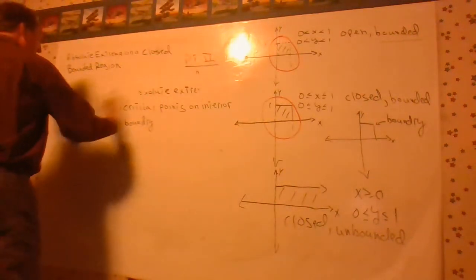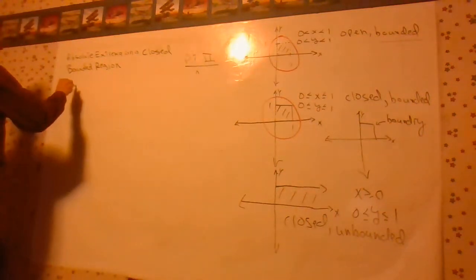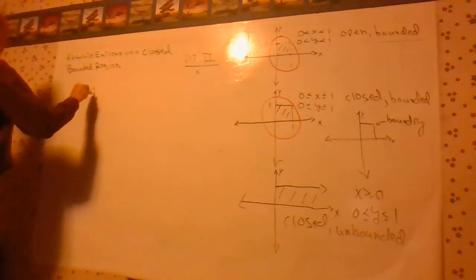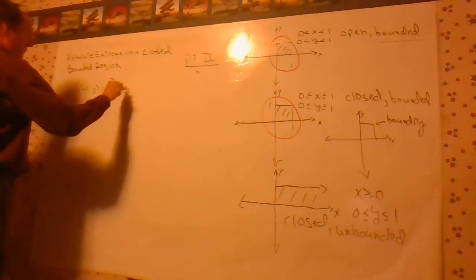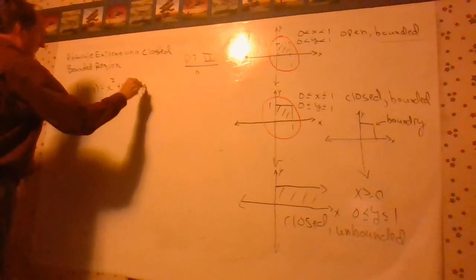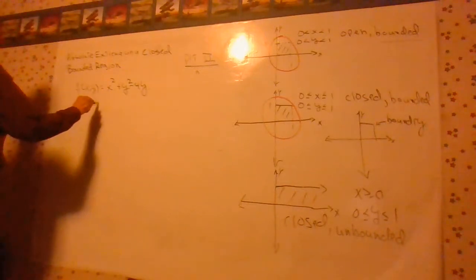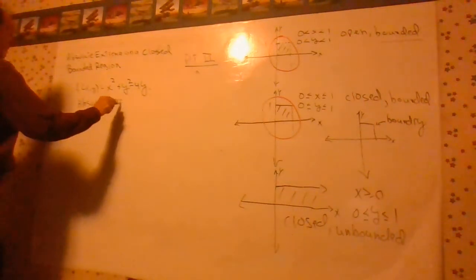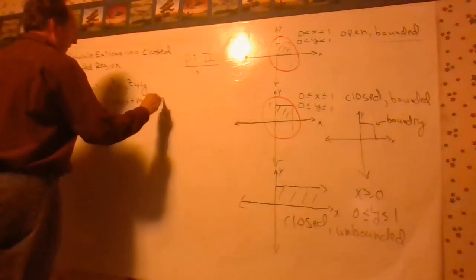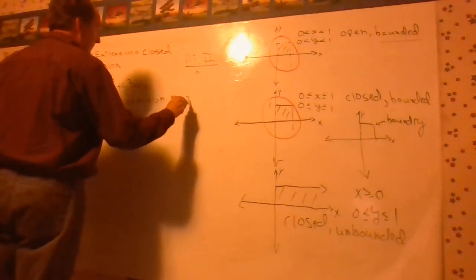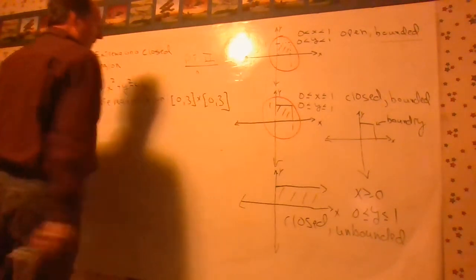And here is an example. Let's take our old friend, an elliptic paraboloid. And we want to find the absolute max and min on this.